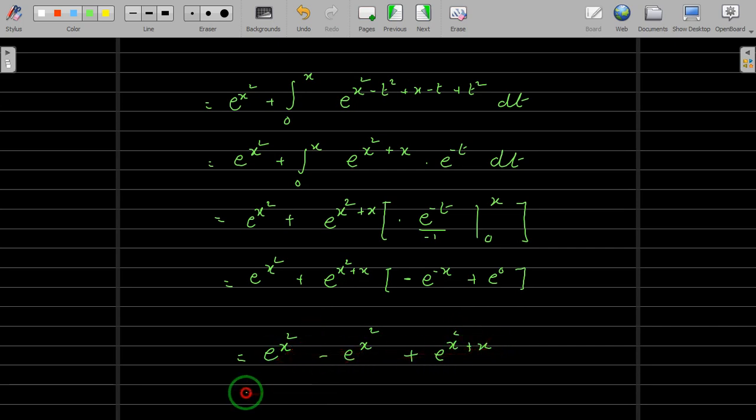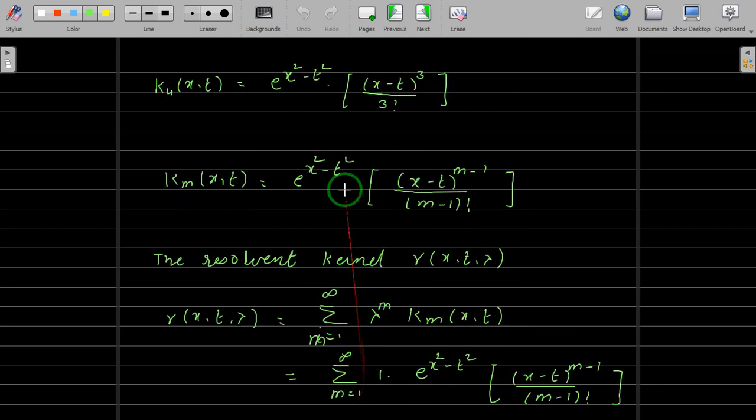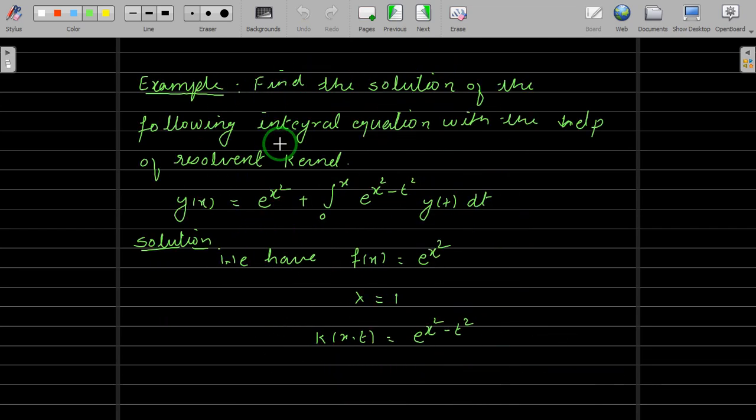And when you cancel this out, this e raised to x square and minus e raised to x square, the entire thing reduces to e raised to x square plus x. And then we claim that this is your required solution of the integral equation given by y of x is equal to e raised to x square plus integral 0 to x e raised to x square minus t square y(t) dt.